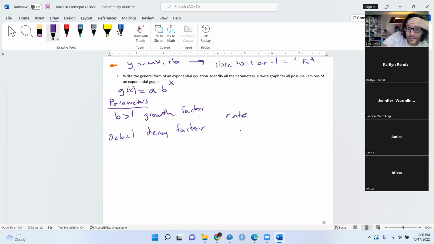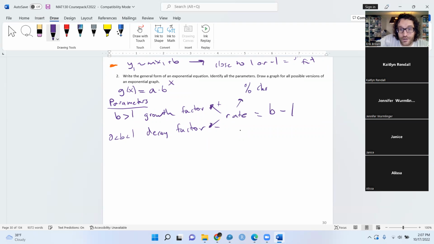This rate is equal to b minus 1. So that's the percent change. That's another way to think of it.